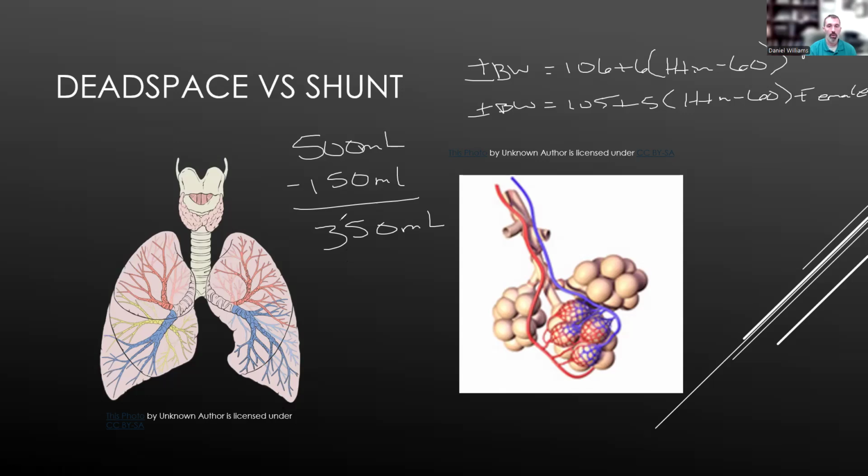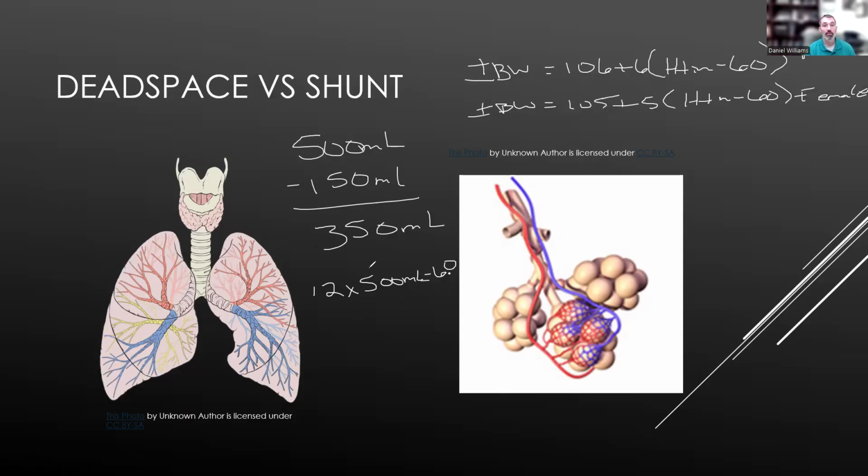So for all intents and purposes, our alveolar volume for that breath would be 350. Case in point, if you were to take a respiratory rate of 12 and multiply that by 500 milliliters, we've already established that gives us a 6 liter minute ventilation.